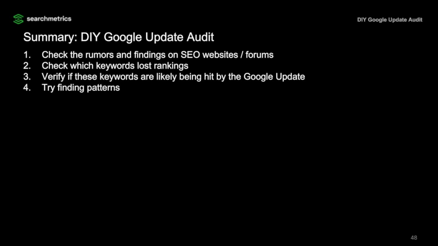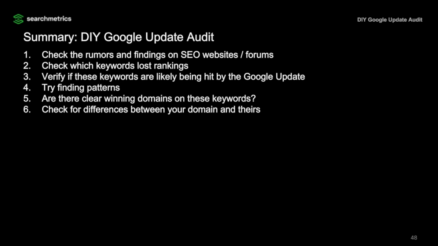This was really obvious for us. And then have a look at who's winning on these keywords. Are there winning domains? If yes, try to find the differences between their domains and yours, like the SEO visibility, the backlink profile strength, the brand strength, SERP features maybe.